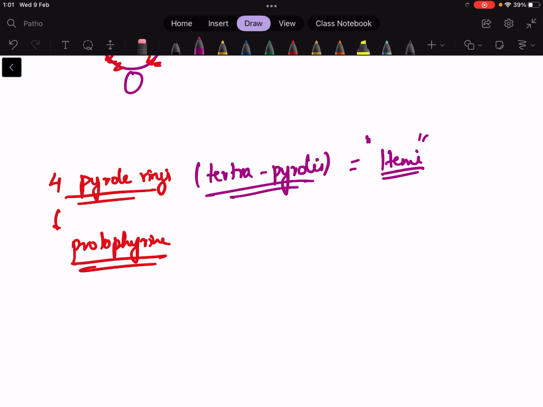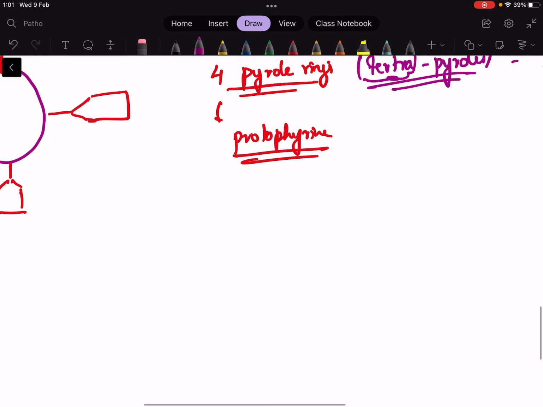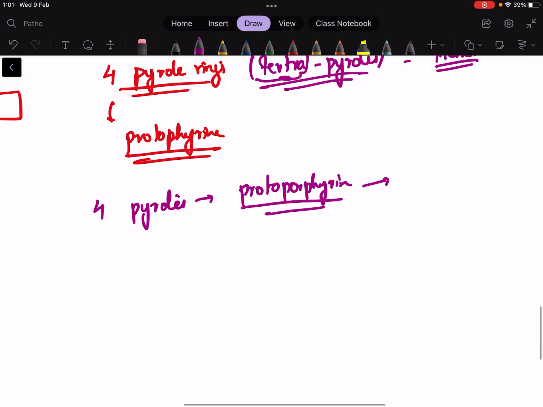So the end product, which is the heme, usually consists of 4 pyrrole rings, or we can simply say a tetrapyrrole ring, and eventually the 4 pyrrole rings fuse to form the protoporphyrin ring, right? And to this protoporphyrin ring we add iron, and when we add iron to it, it is called your heme.